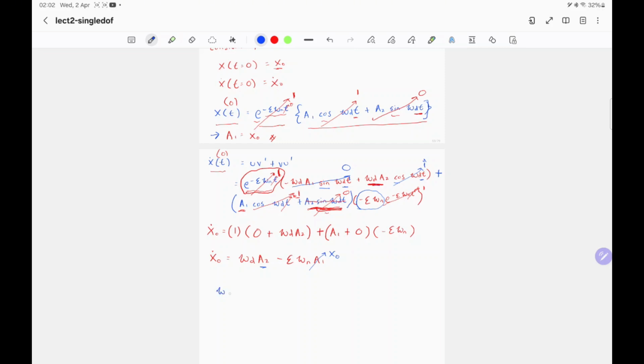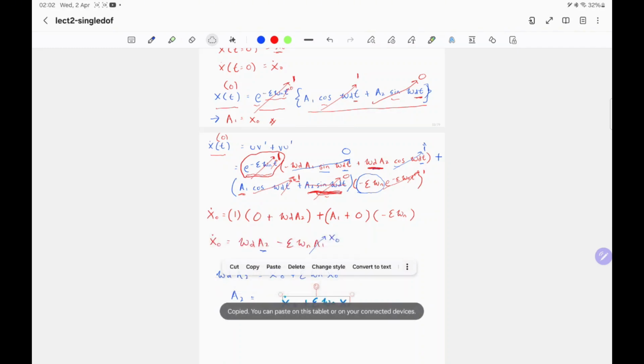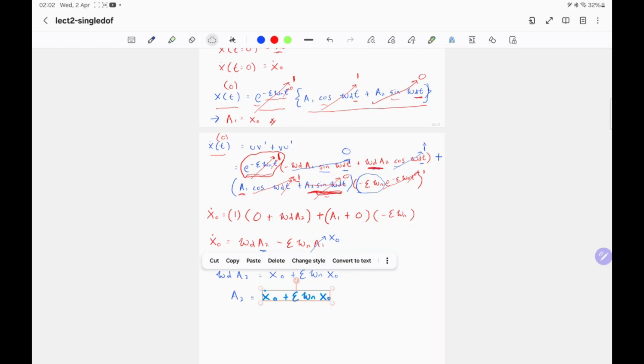So omega d a2 is x dot naught plus zeta omega n x naught. So a2 is equal to x dot naught plus zeta omega n x naught, divided by omega d.